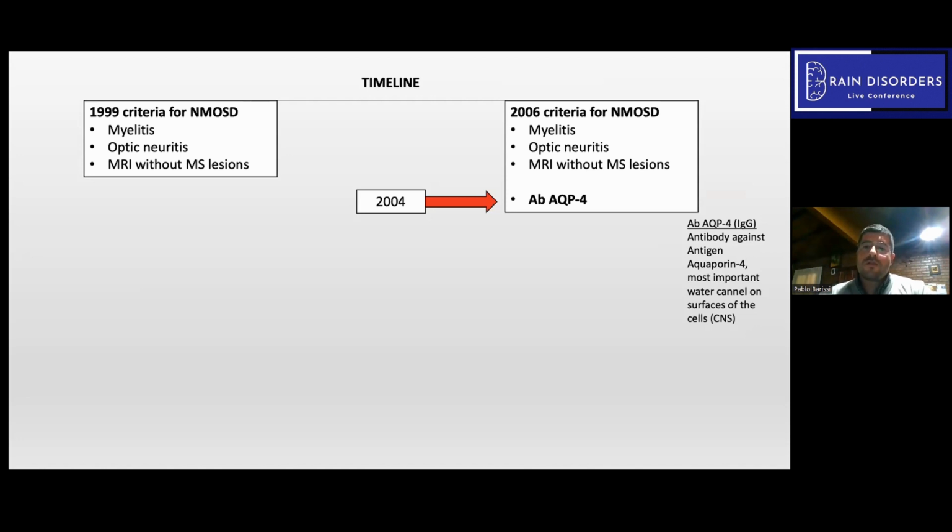So in 2006, a new criteria for NMO: we require myelitis, optic neuritis, and an MRI without MS lesions as in 1999, but with the AQP-4 antibodies.